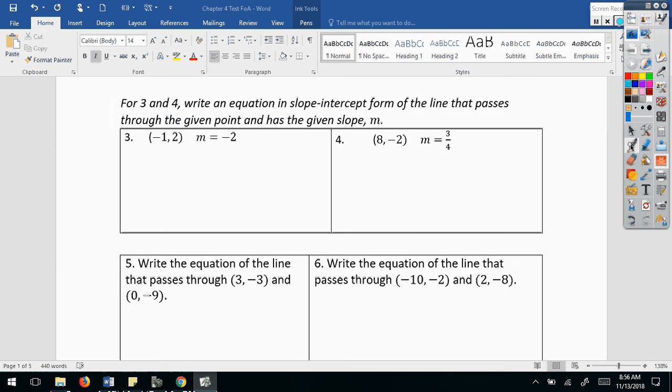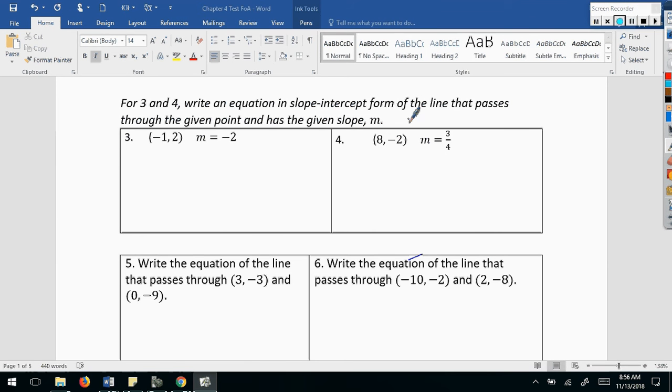Okay, so I'm going to have to do, remember, for slope-intercept form, I need a slope and a y-intercept, right? All right, so if I'm y equals mx plus b, I have the m, so I'm going to plug that in. And now what I'm going to do is use this point for my x and my y, okay, so that I can solve it for b.